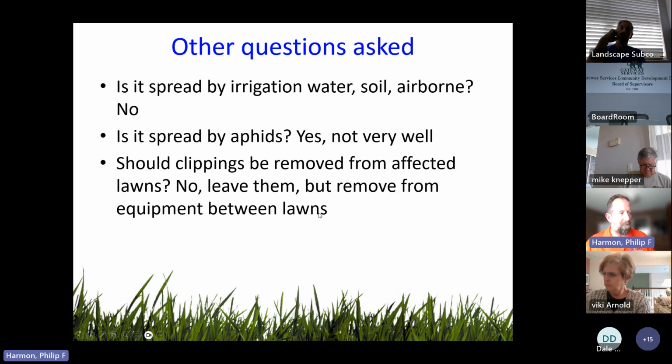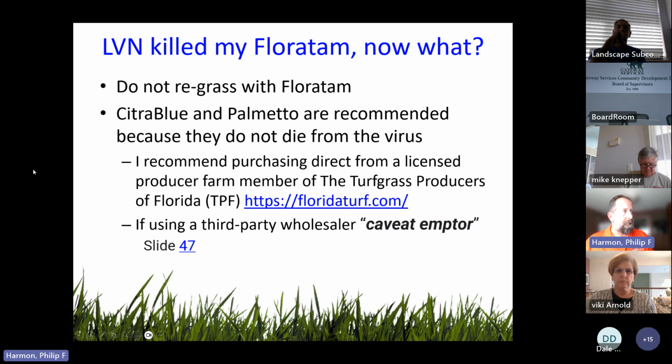And a leaf blower type situation is fine to get rid of those, encourage those to dry out. And again, allowing an overnight period when moving from a community that has the virus to one that does not have the virus has been shown to be an effective strategy for preventing introduction into that new community. So we can slow the spread. We cannot stop the spread once it's discovered in communities.